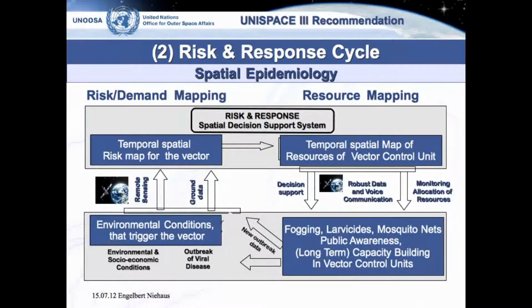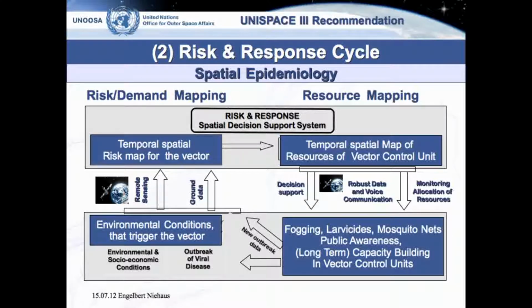For spatial epidemiology, the risk and response cycle means we identify the temporal spatial risk of a disease vector, for example, a mosquito. Remote sensing can help to identify environmental conditions that trigger these vectors.